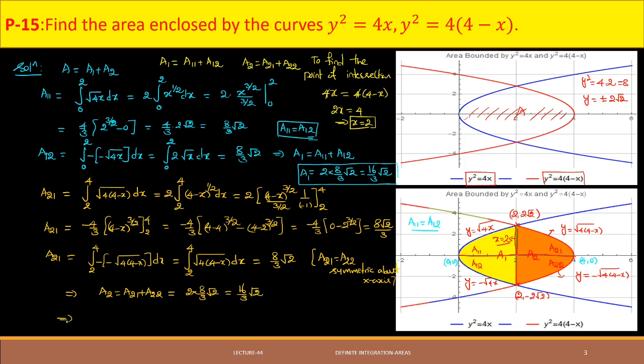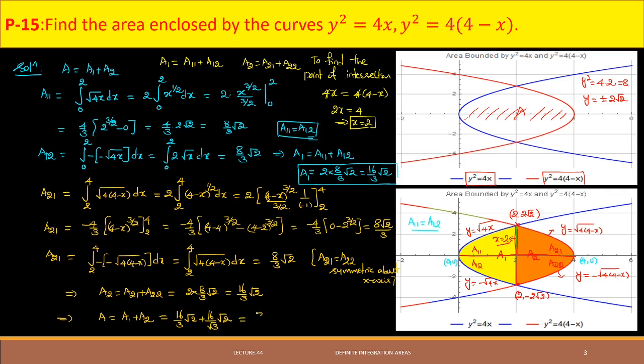So the total area A is equal to A1 plus A2, that is equal to 16 by 3 into root 2 plus 16 by 3 into root 2.